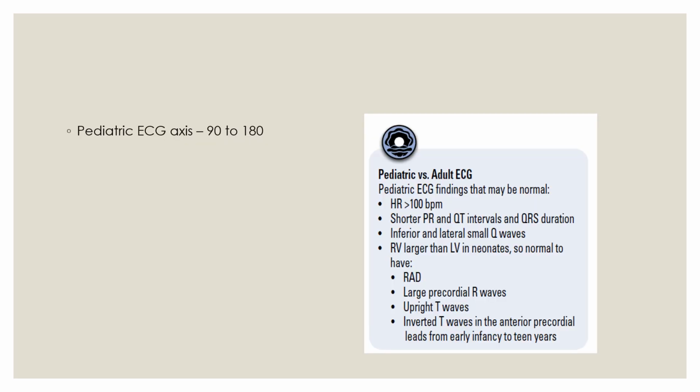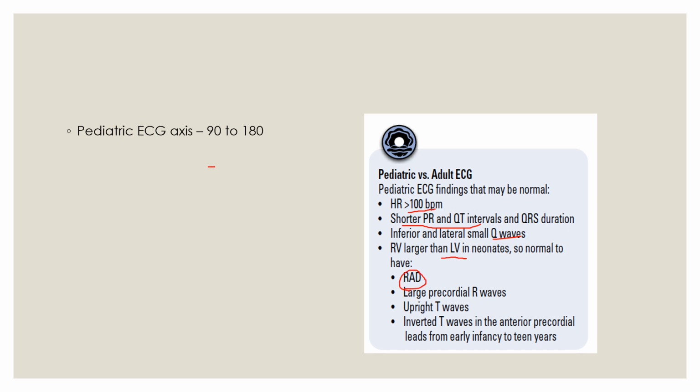Now, there is a difference between the pediatric ECG axis and the adult ECG. Pediatric heart rate is usually higher, like we have seen. There is a shorter PR and QT interval and QRS duration. There are inferior and lateral small Q waves that are not pathological. RV is larger than LV in neonates, so normally there is a right axis deviation.